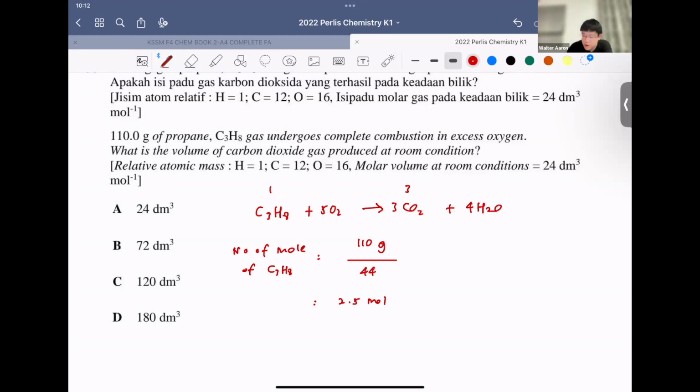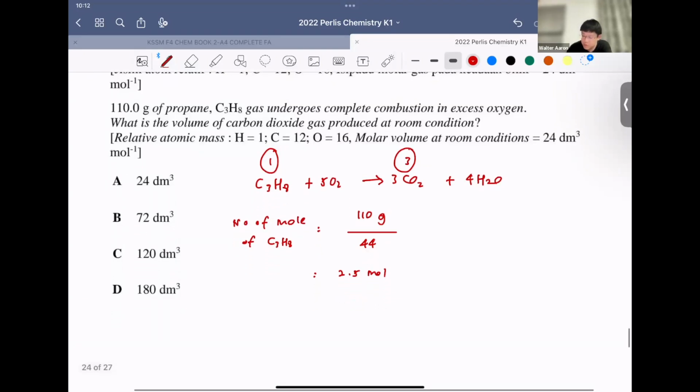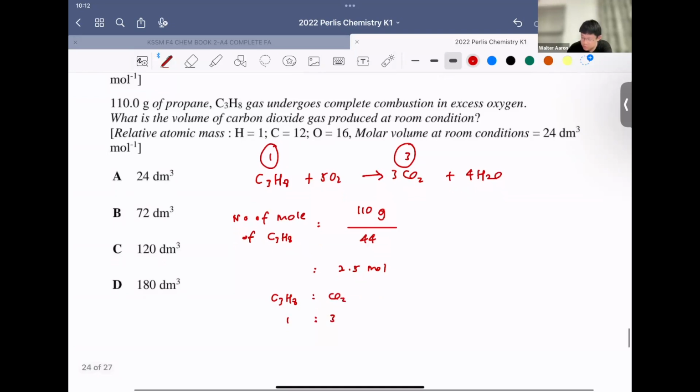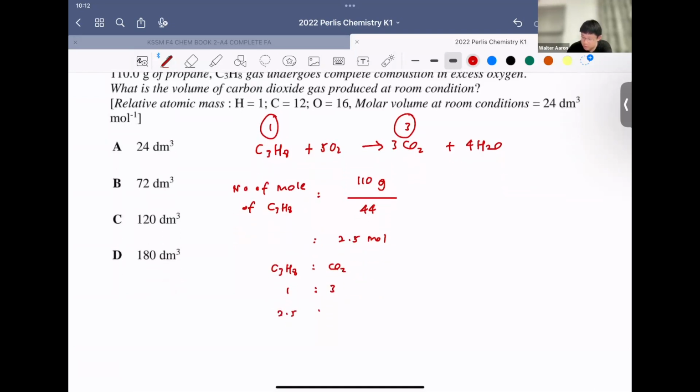You can see that for every 1 mole of propane, you get 3 moles of carbon dioxide gas. So the number of moles of carbon dioxide gas will be 3 times that. Between C3H8 and CO2, it will be a 1:3 ratio. So that will be 2.5 to 7.5.